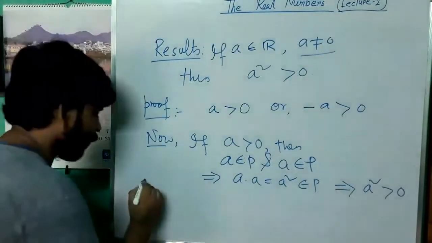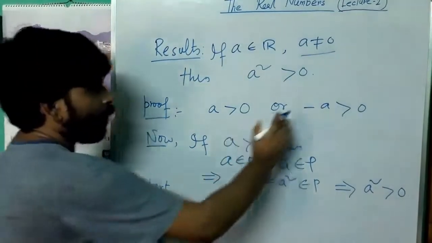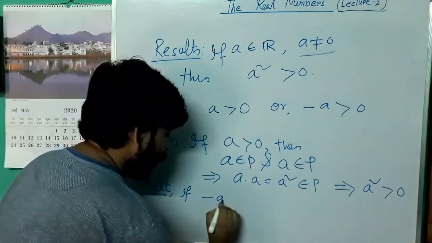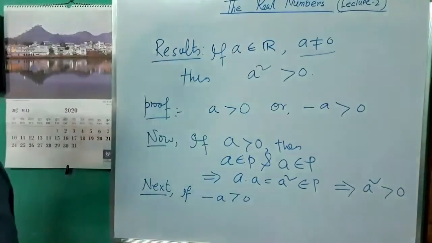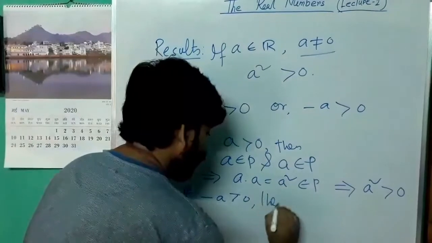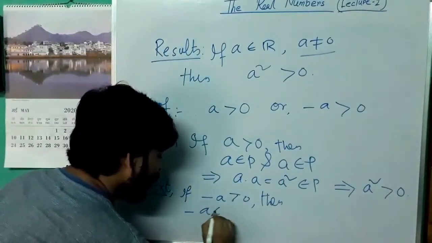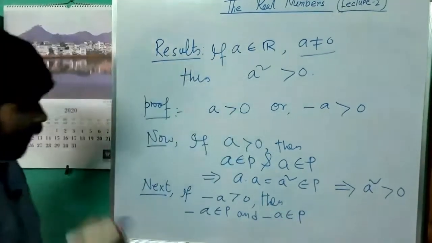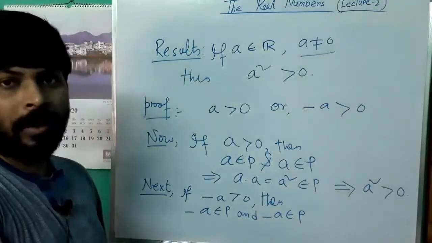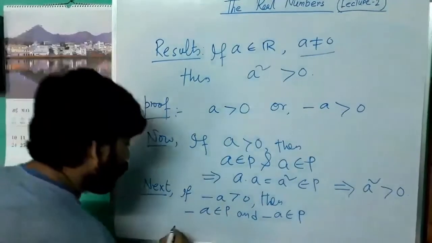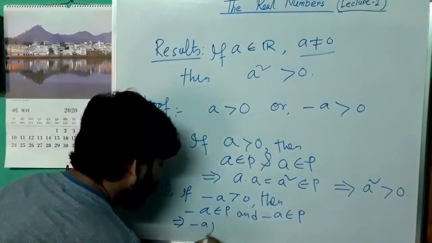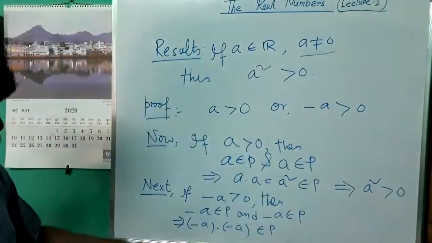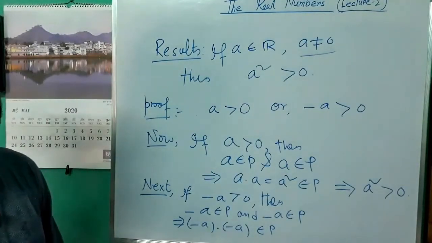Okay. Next, if minus A is positive, then minus A belongs to P and minus A belongs to P. Again, since P is closed under multiplication, that is our assumption, minus A into minus A belongs to P. So minus A into minus A is equal to A square.